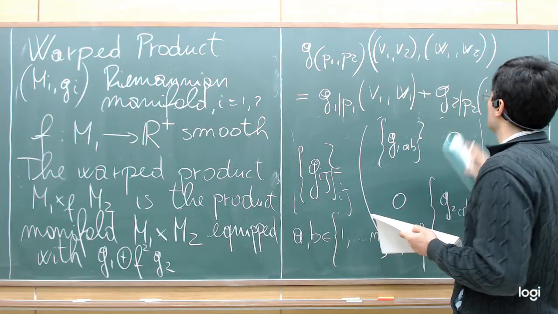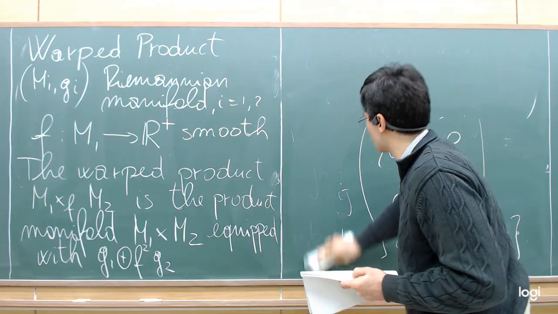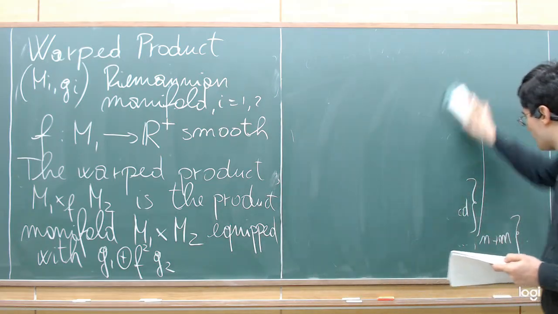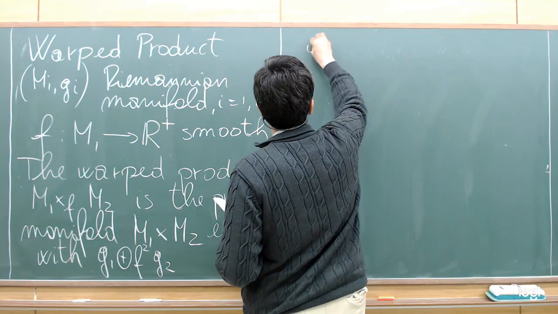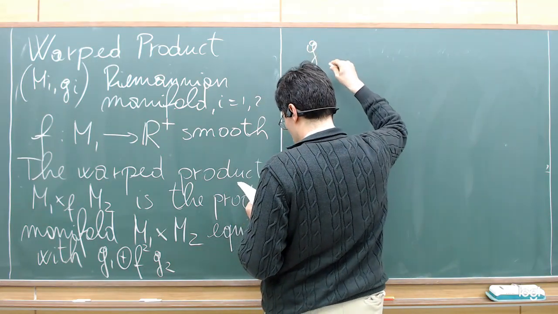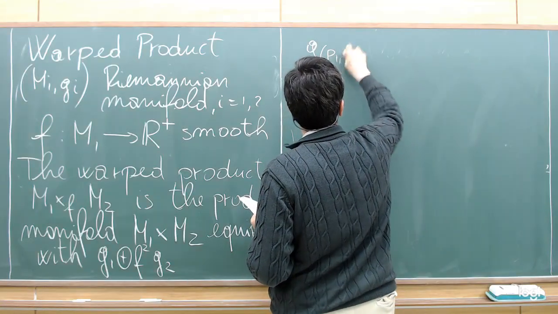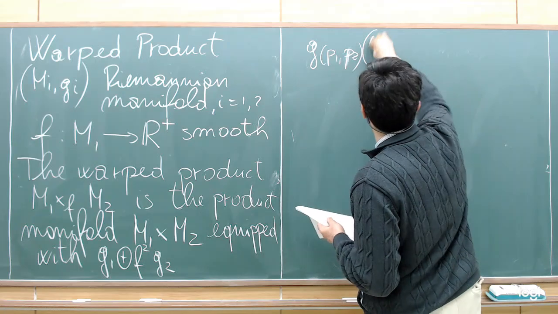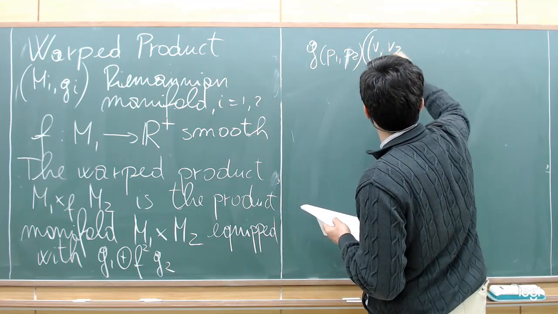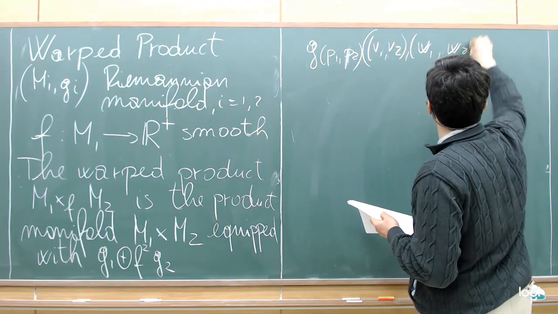This metric is defined by the following formula: G at (P1, P2) evaluated at the pairs (V1, V2), (W1, W2).